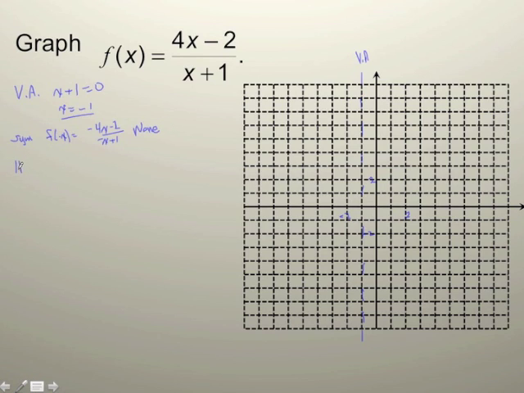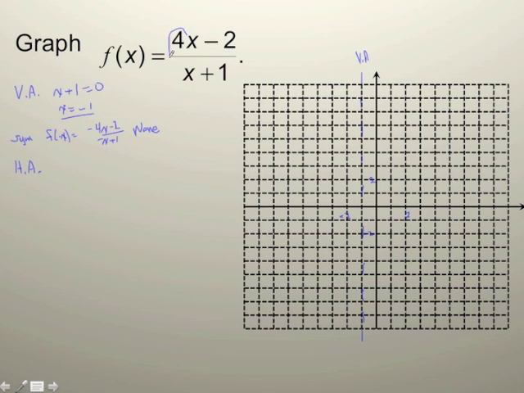Next, we need to find the horizontal asymptote. We find the horizontal asymptote by looking at the degrees. If the degrees are different and the higher degree is on the denominator, then it's y equals 0. Or if the higher degree is in the numerator, you have to divide.